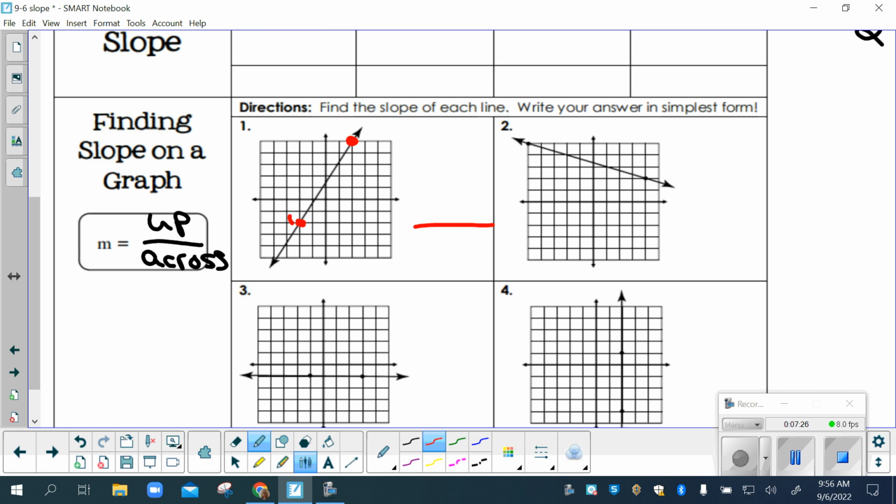Here we go. 1, 2, 3, 4, 5, 6, 7. I went up 7. And now I'm going to go across. And I'm going to go 1, 2, 3, 4. Guess what? You found the slope. That's it.